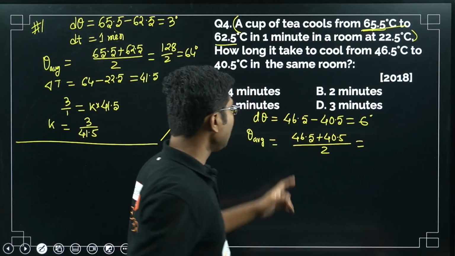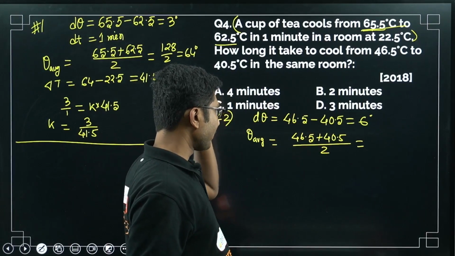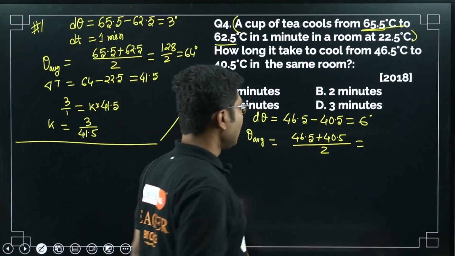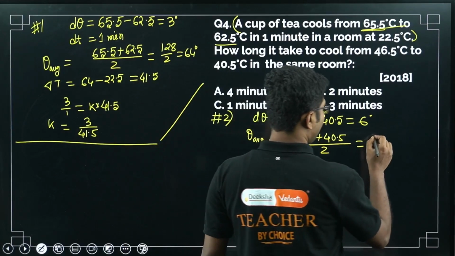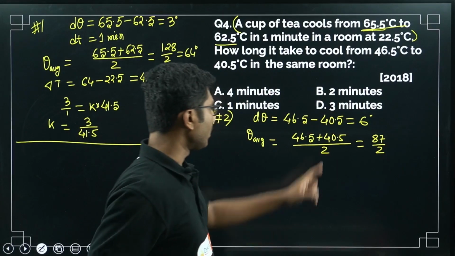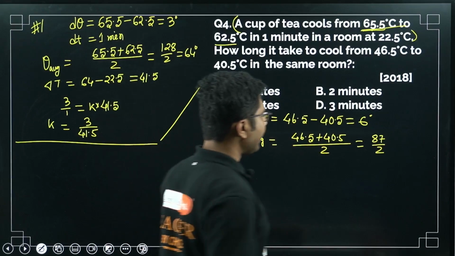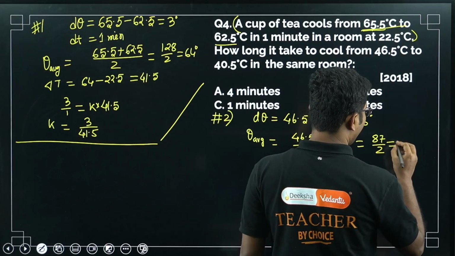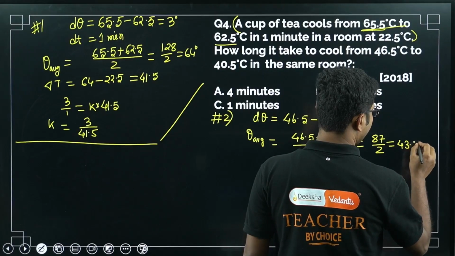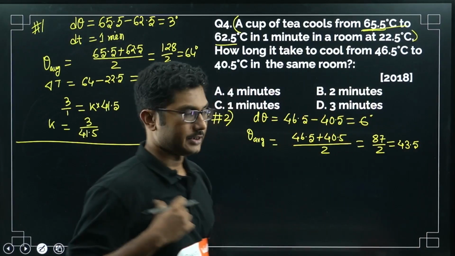So it will be 47 plus 40, that is 87, by 2. 87 by 2 means 43.5 is the average temperature, right?